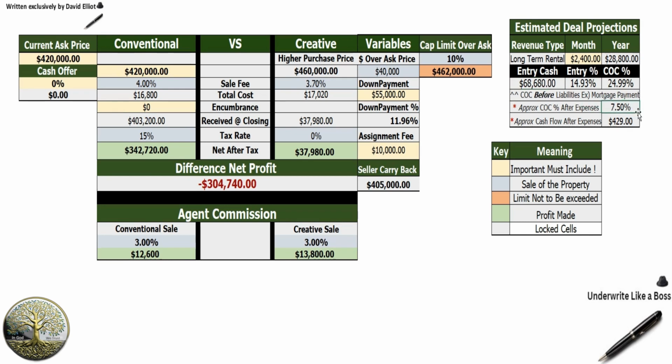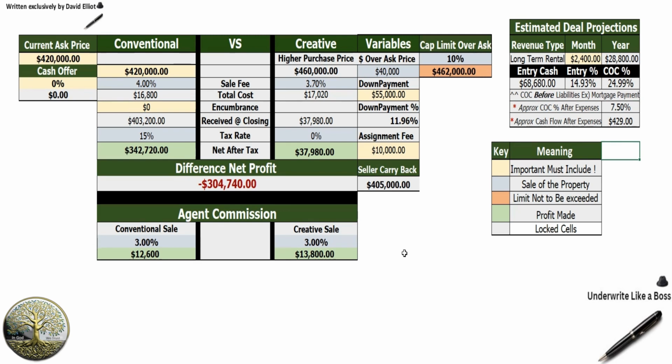So your cash on cash is going to fluctuate up or down. But we can see here that we are going to net, and that is the most important thing, $400 after all expenses. This is based off of a worst case scenario. So even during a worst case scenario, I know that this is a lead worth pursuing.